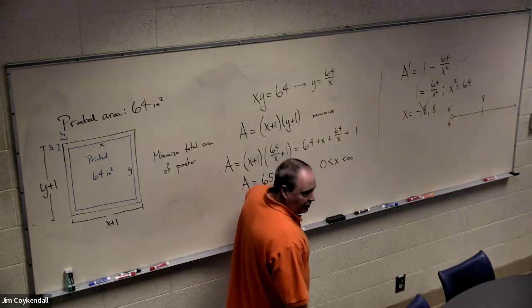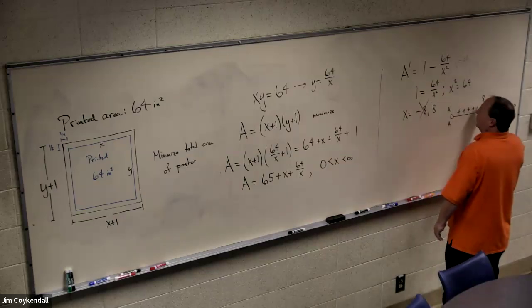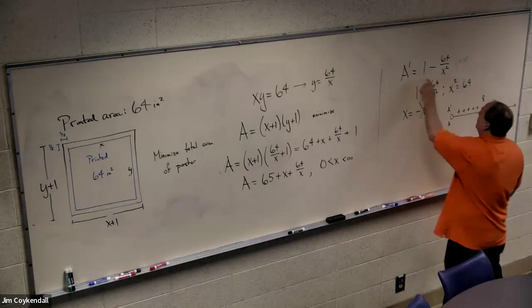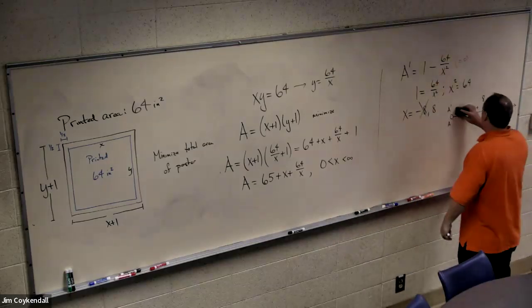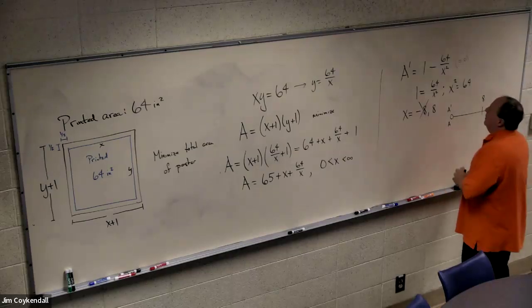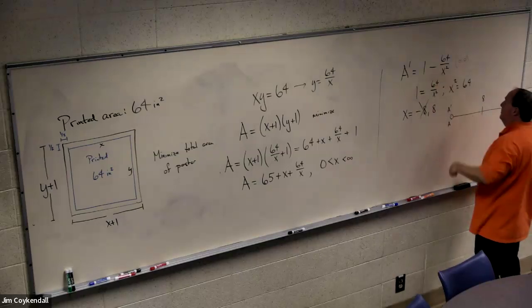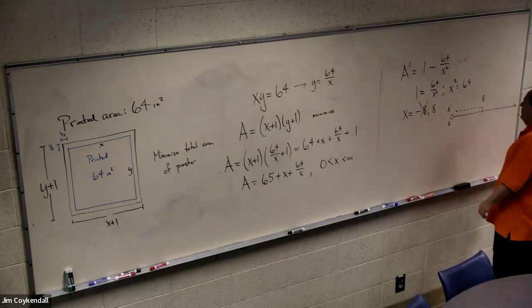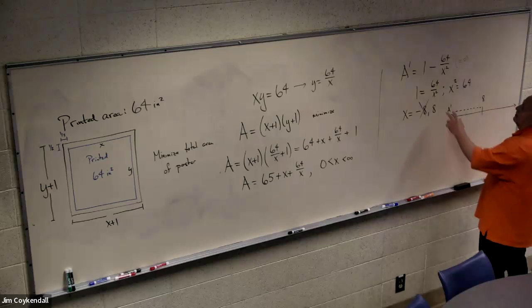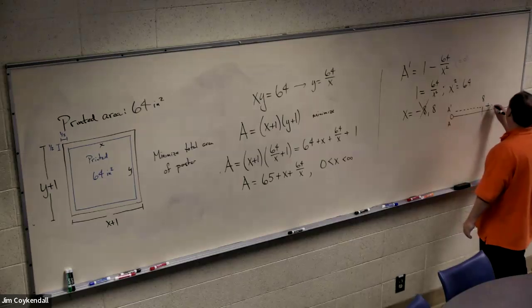Plug in 1, and I'm negative. What happens if I plug in something that's beyond 8, something like 10? 1 minus 64 over 100 is positive.